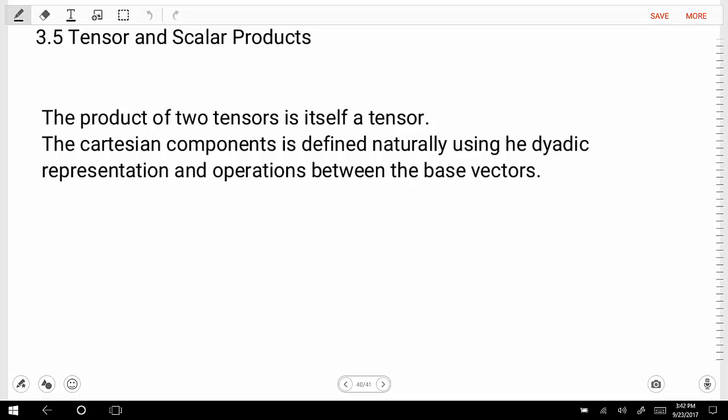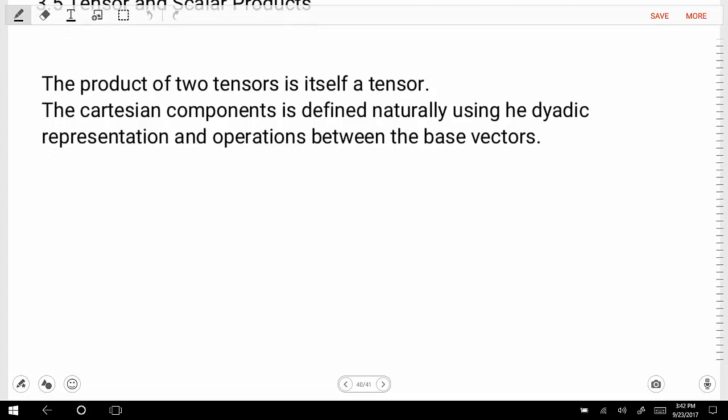Now let's start this process. Say we have a tensor F. We want to do the product of it with respect to a tensor G, where our output is some tensor H. Well, let's then define F and G in base vector form, in components, where the components of F, F_ij, are times the base vectors e_i and e_j, right?